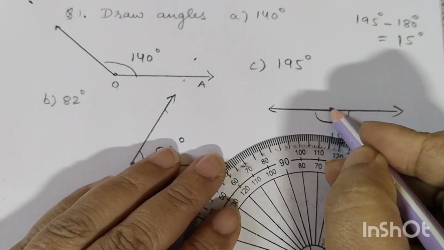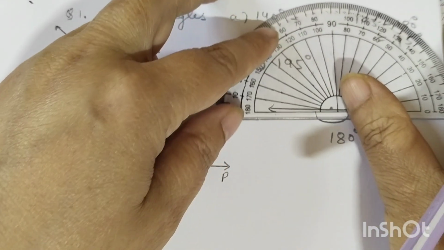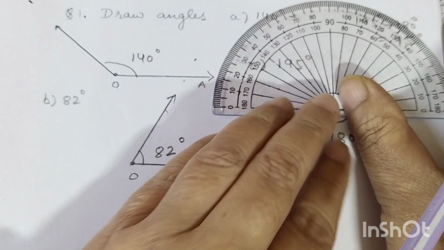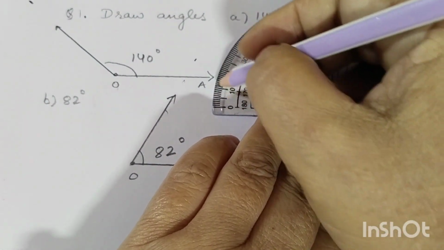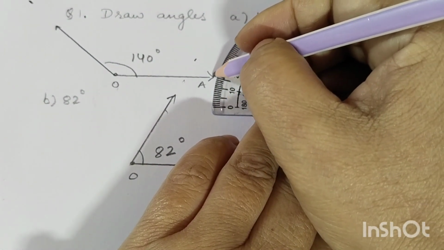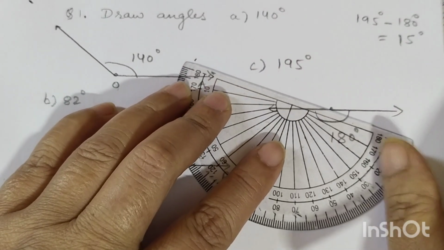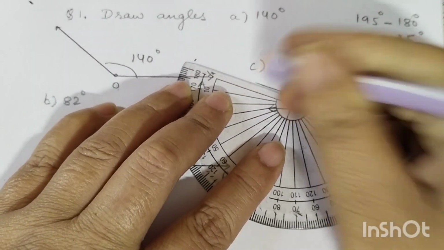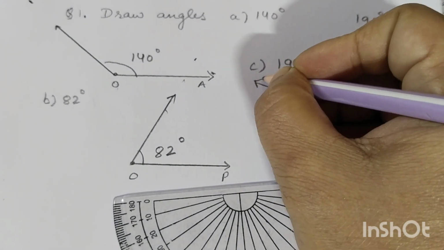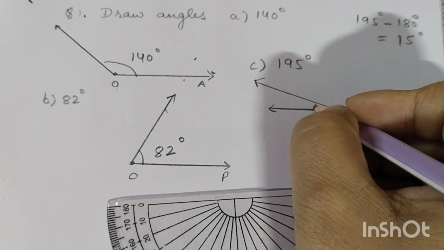So draw a 15 degree angle from here. Counting from 0, mark at 15. Join these 2 points. This is 15 degree.